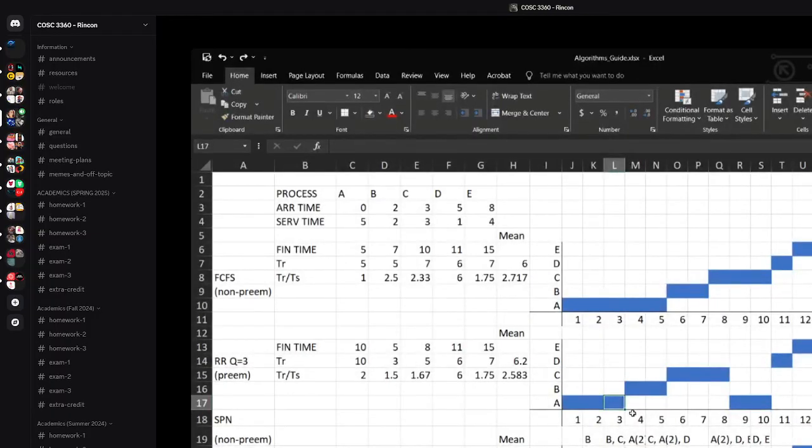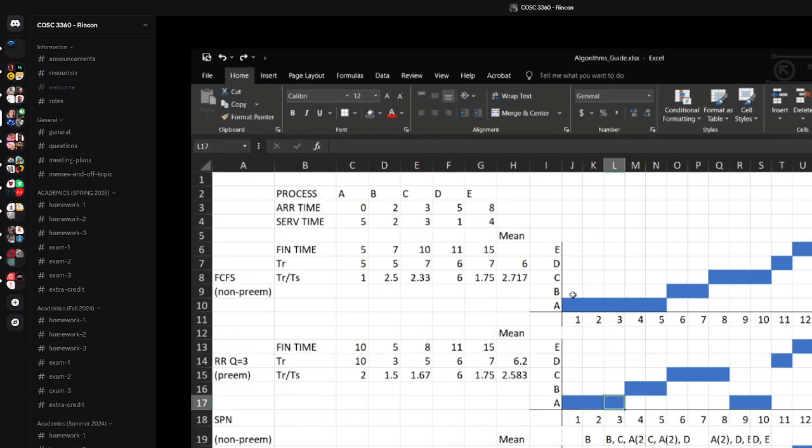At time 3, the quantum is equal to 3, so A needs to be cut off right now. And at time 3, B is already in the queue because of its arrival time. When B gets in the queue, C also needs to be inserted because of its arrival. And A is already sitting in the back of the queue, in a round robin style, because A got cut off.